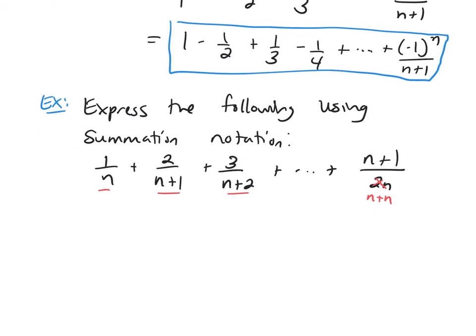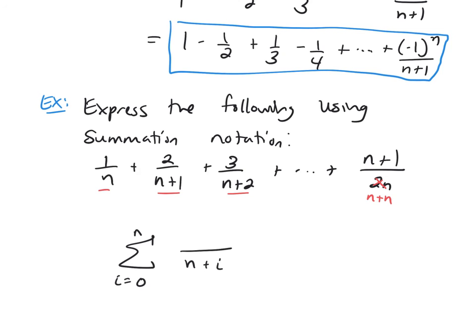So the denominator has this pattern where it's always n plus a number. So I can write this as the summation. I'm going to use the variable i. Before I write that, we're going to write the denominator, it's n plus i. And what's my first denominator? It's n, so i is 0. And for my last denominator, i would have to be n in order for me to get to 2n.